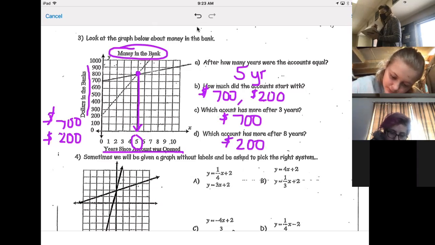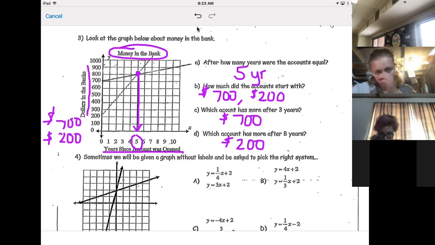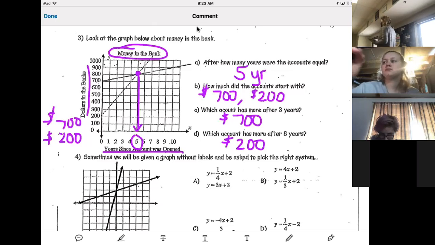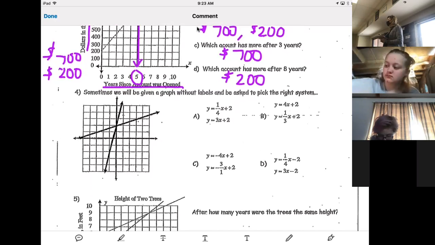It has a steeper slope, but in real life, how can one of my two accounts only go up at a slower rate than the other? Yeah, it's getting more interest probably. Or if I keep adding to the account every year, I might be adding more in the smaller account.